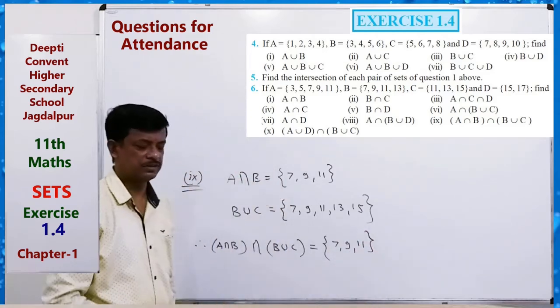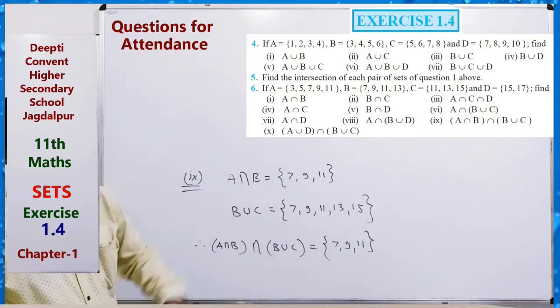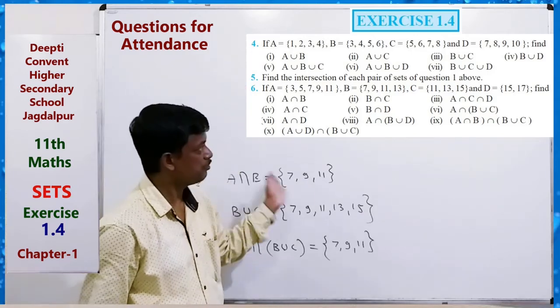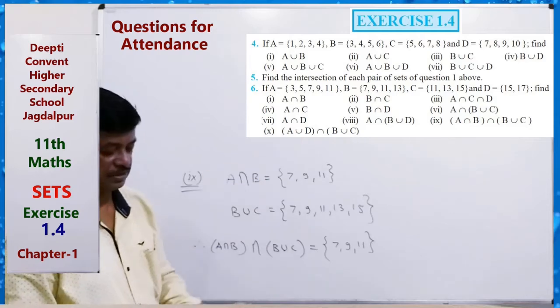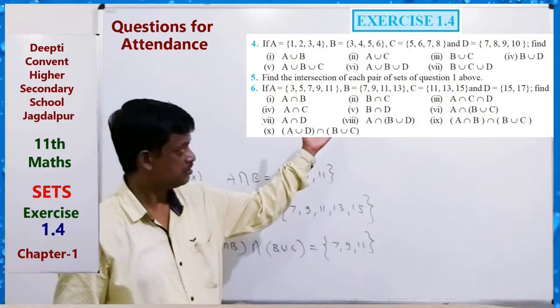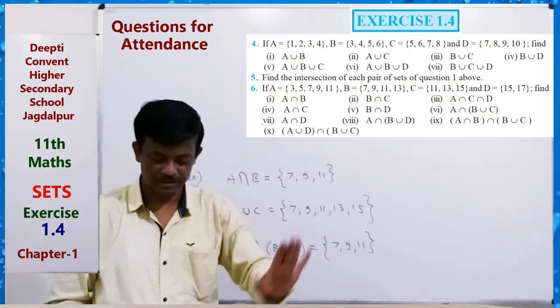Intersection means common elements. So this is the answer of 9. Just in the same way, you have to write all the values for question 6. Okay? Simple. This is for your practice.